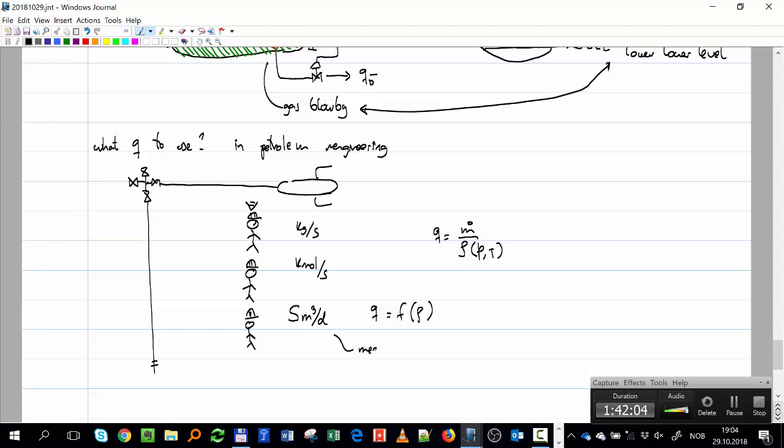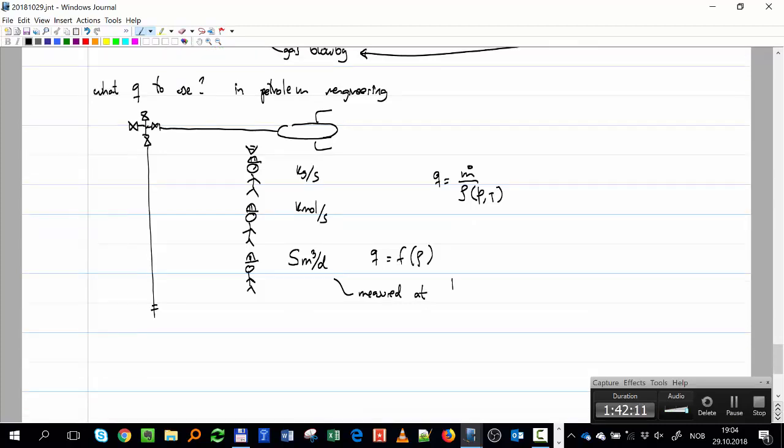So this volume is measured at P standard conditions and T standard conditions. And P standard conditions is? Yes, 1.01325 bar, I like to work with, or 15.14.